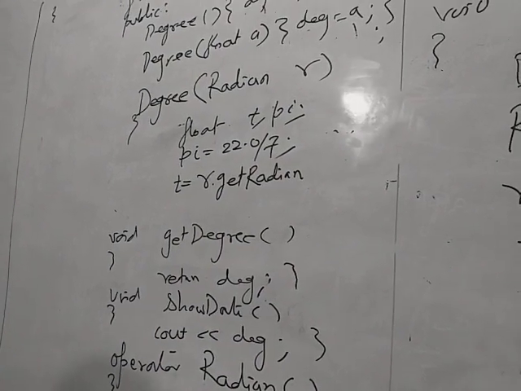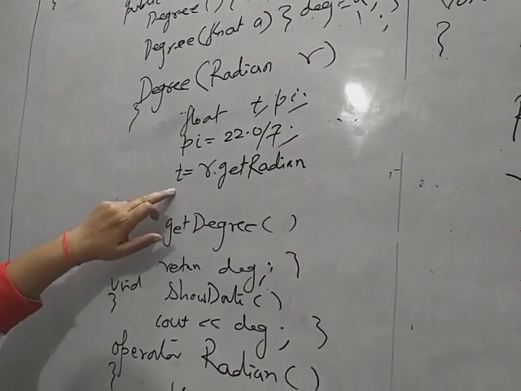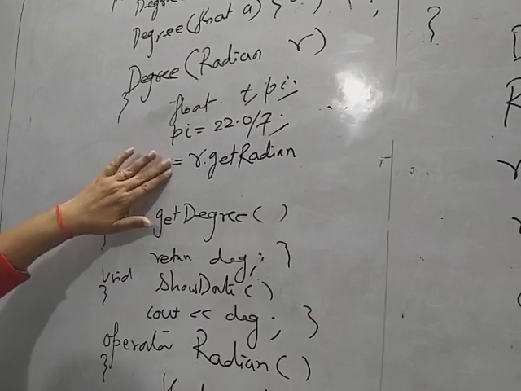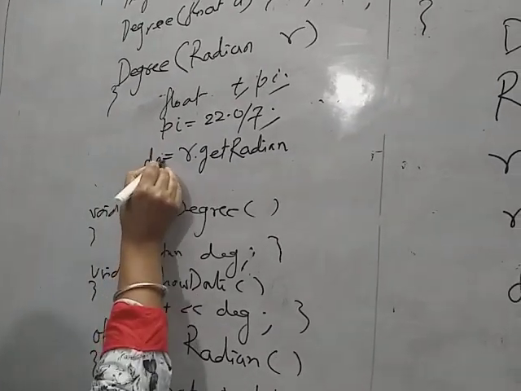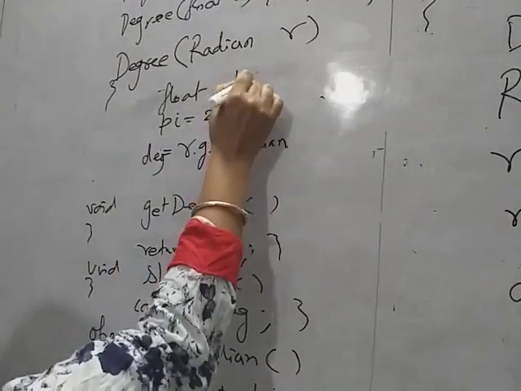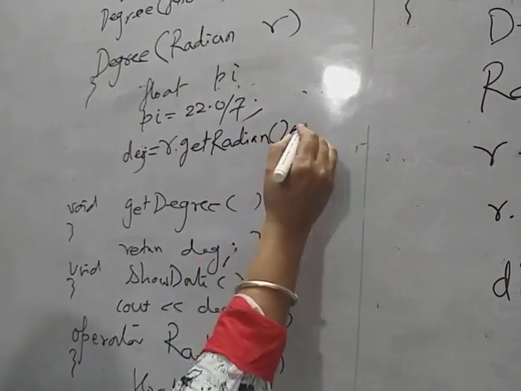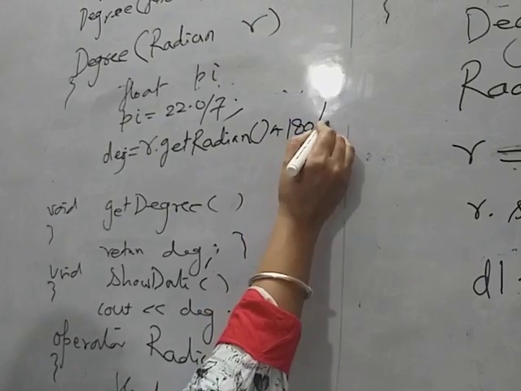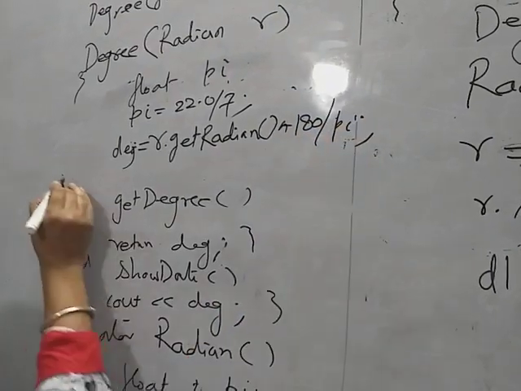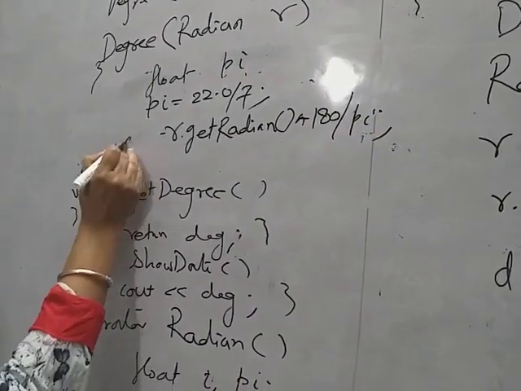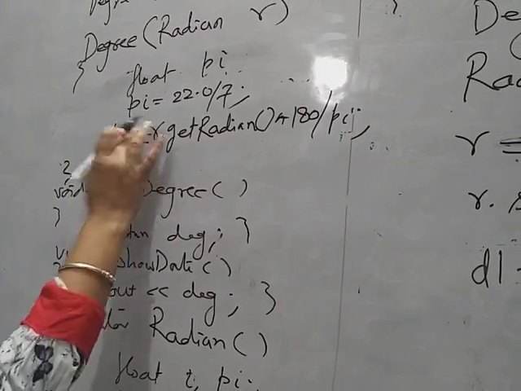Here degree is implicitly passed, pi, degree equal to R dot get radian into 180 divided by pi. Okay, see, carefully see.